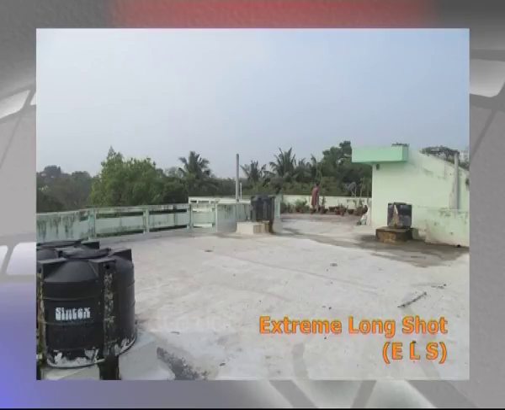This is also known as the wide shot, which shows, like the name suggests, the location, setting, or landscape. Even if there are people in this, the emphasis is more on showing the location.